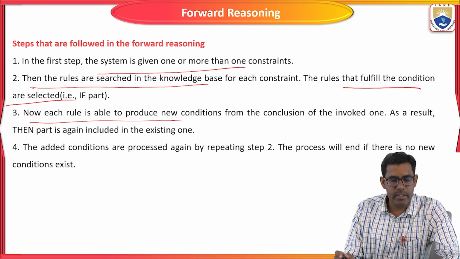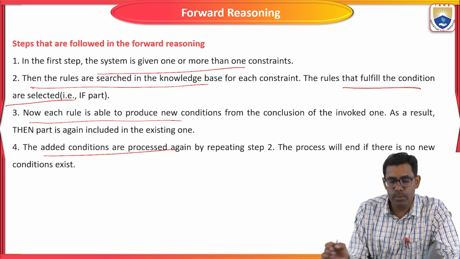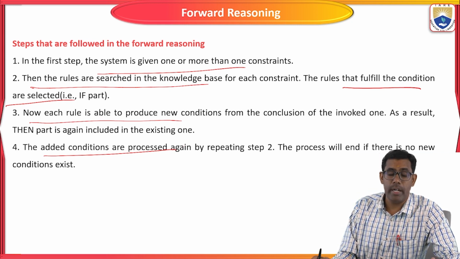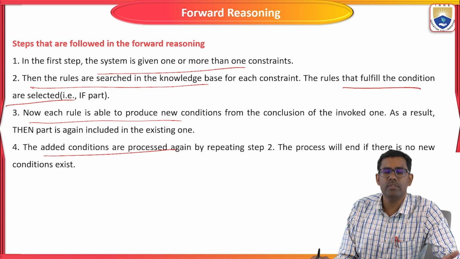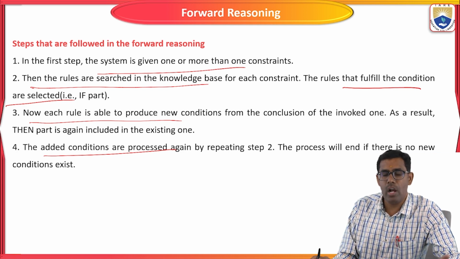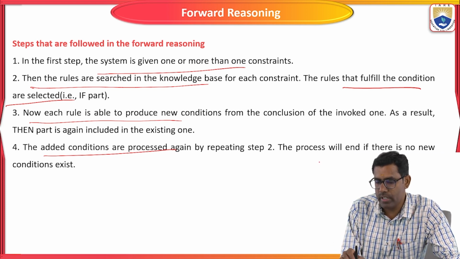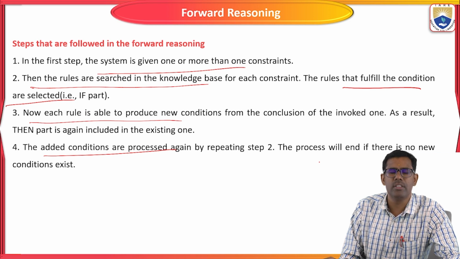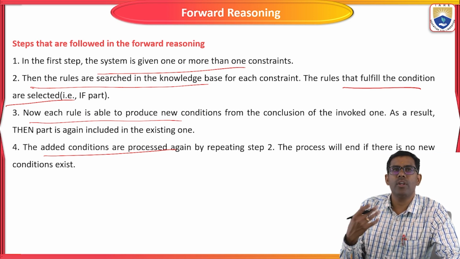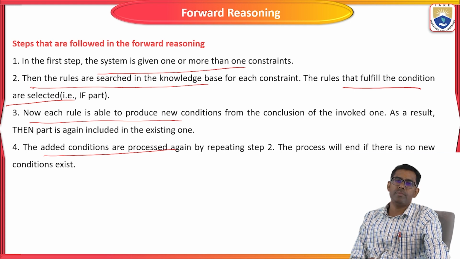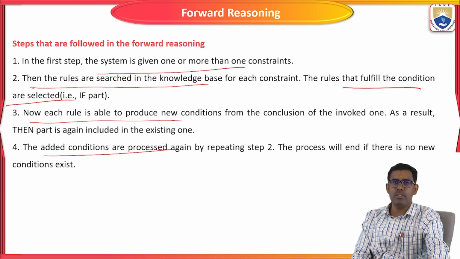Then the last step is that the added condition is processed again by repeating step 2. Again we apply rules over all the available structure, available nodes. The process ends when no new condition exists. This way we follow forward reasoning concepts in artificial intelligence, from the starting state to the goal state.